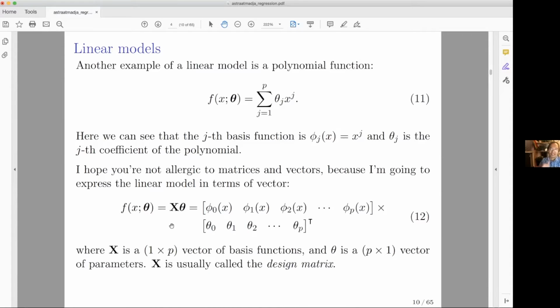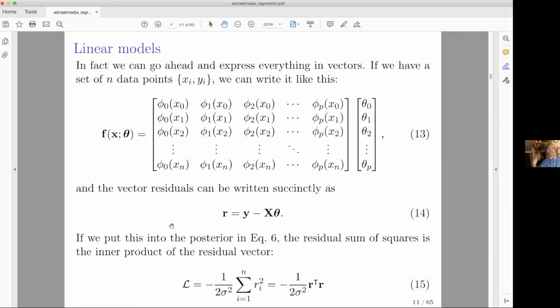Now, if we can write this in terms of matrices and vectors, and if you're not afraid of it, I'm going to go ahead and write it down for the whole data, like this. If you have a data set x and y, you can just concatenate or stack all of those row matrices into a matrix with n rows here, and the columns going across are just the basis functions for each data point.